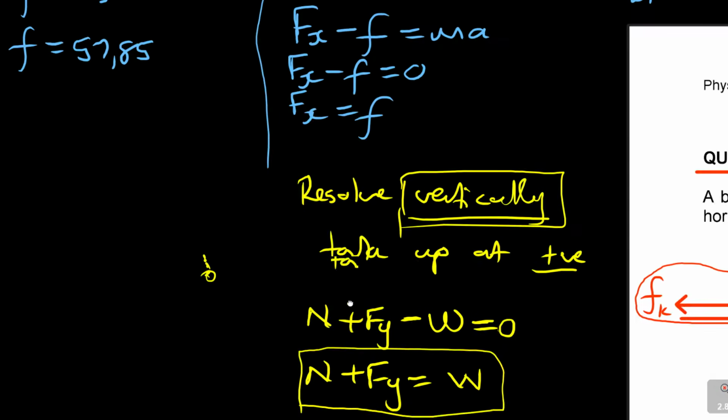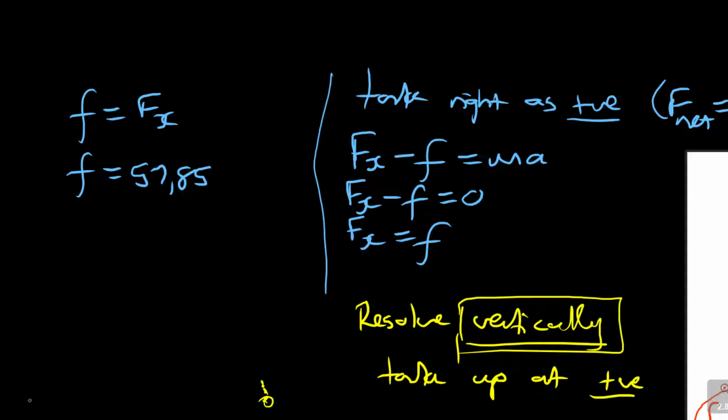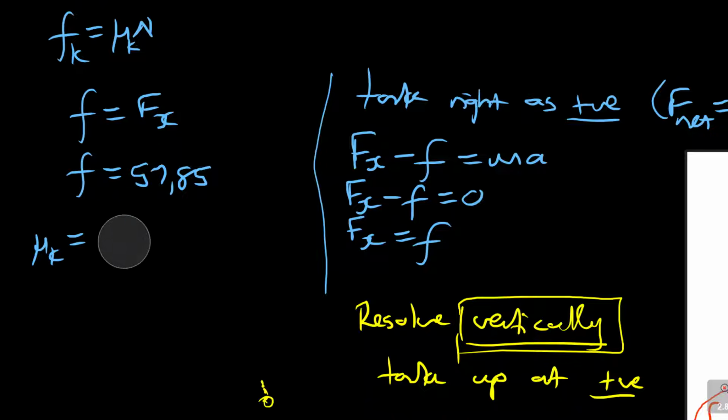That's your mu k. So I can come with the formula, because F is equal to mu n, which means mu k is equal to Fk over n.